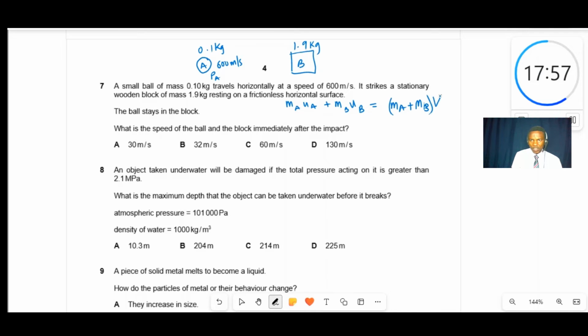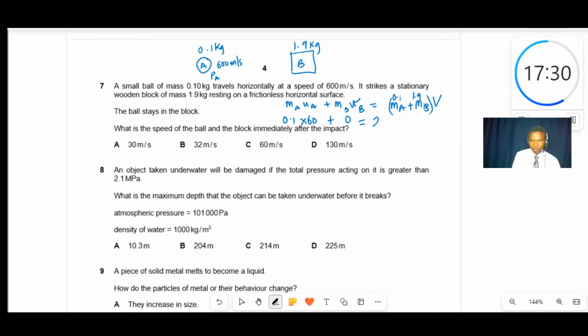So MA is 0.1 times 600 plus 0, because this block was not moving. Finally both of them combine together, so you have 0.1 plus 1.9, so that is 2V.